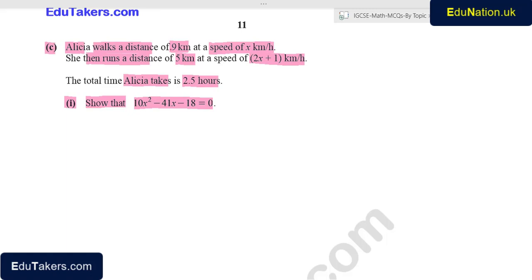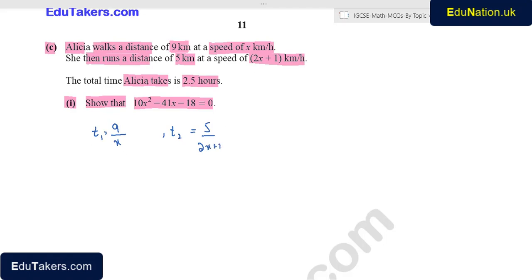First, she walks a distance of 9 km at a speed of x km per hour. So this time will be 9 over x. Let's say this is t1. Then she runs a distance of 5 km, so the time for this distance will be 5 over 2x plus 1, at a speed of 2x plus 1 km per hour.